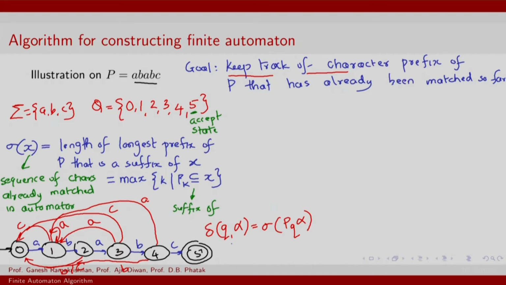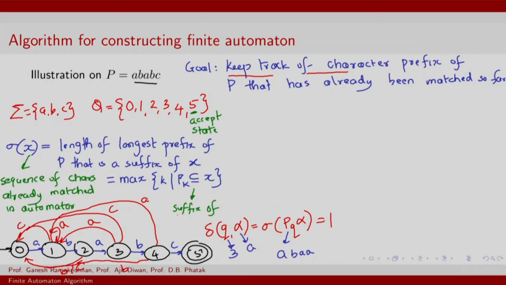So when you are at state 3, the Q is 3, the PQ is ABA. Now corresponding to different values of alpha, you have different transitions. So an alpha of A takes you to sigma of ABAA, for which the corresponding sigma value is 1.